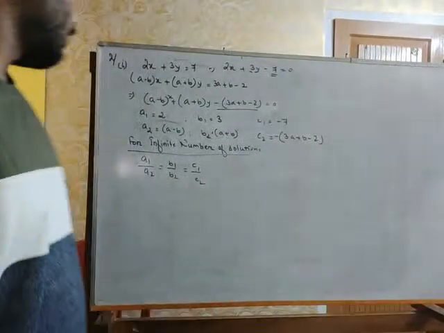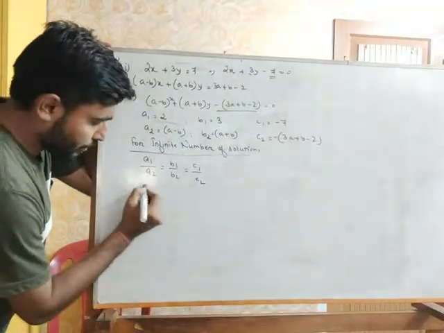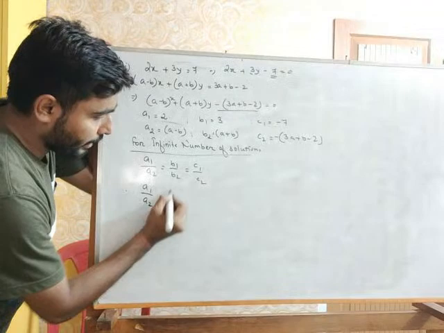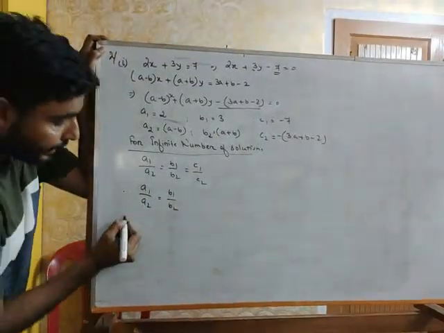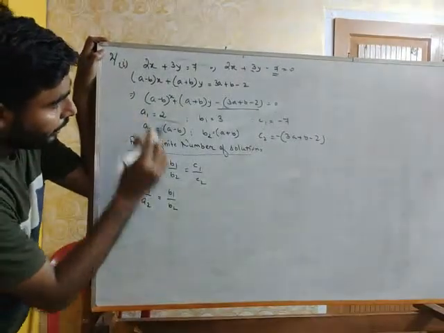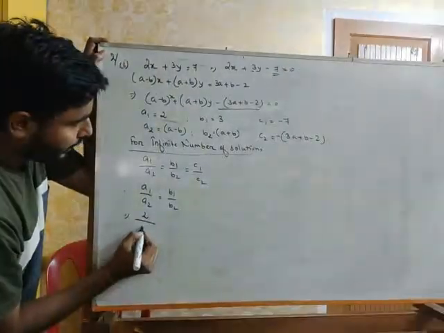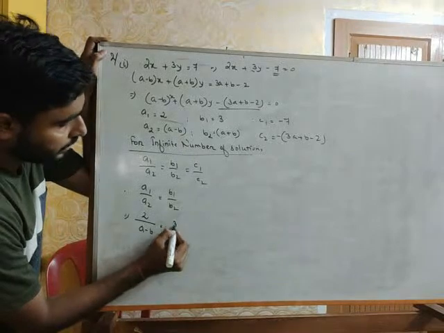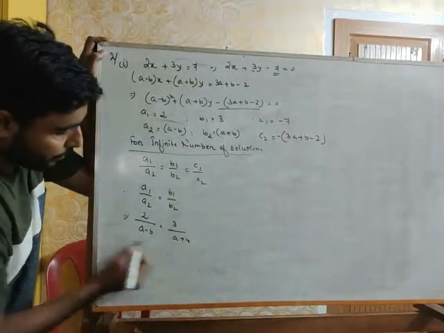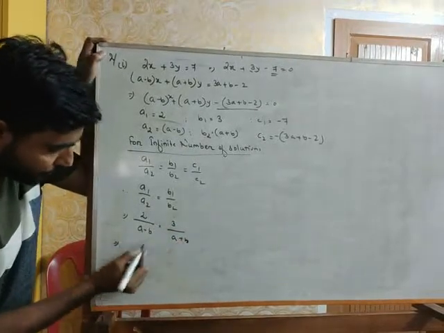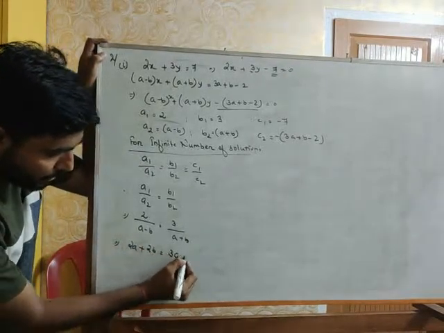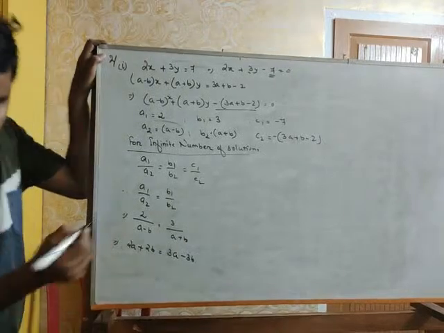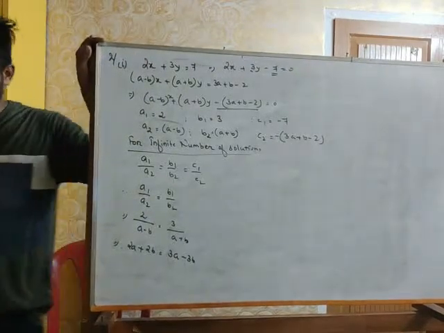So first we will equate these two ratios, a1 by a2 is equal to b1 by b2, and we will get an equation. Here a1 is 2 and a2 is a minus b, b1 is 3 and b2 is a plus b. 2 into (a + b) is 2a plus 2b. 3 into (a - b) is 3a minus 3b.